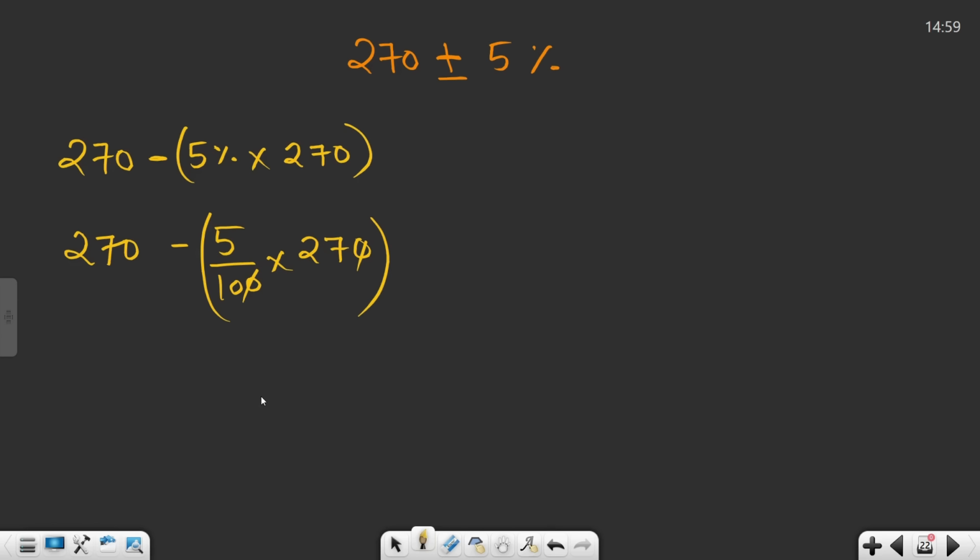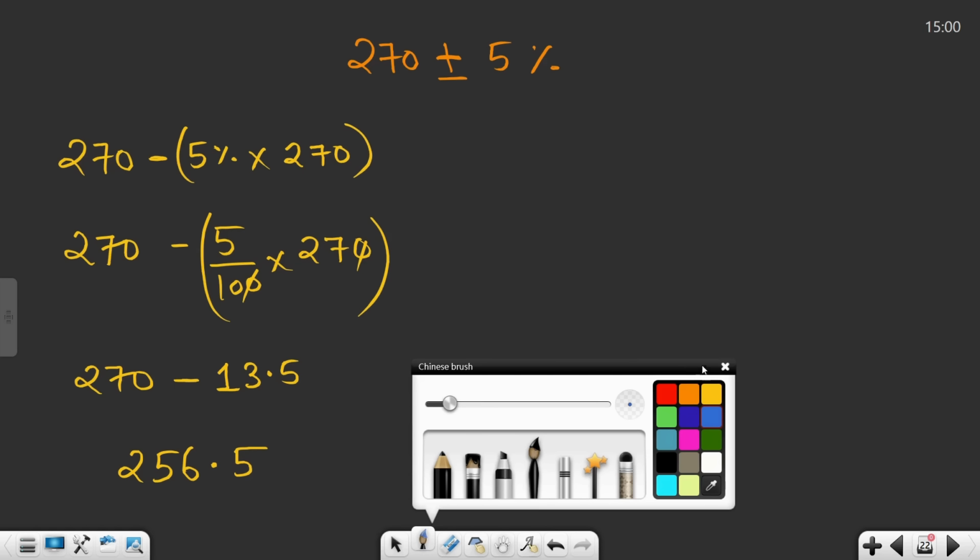So roughly that becomes around 13.5. So 270 minus 13.5 becomes 256.5.